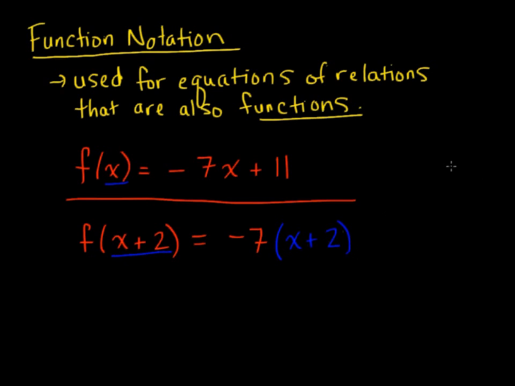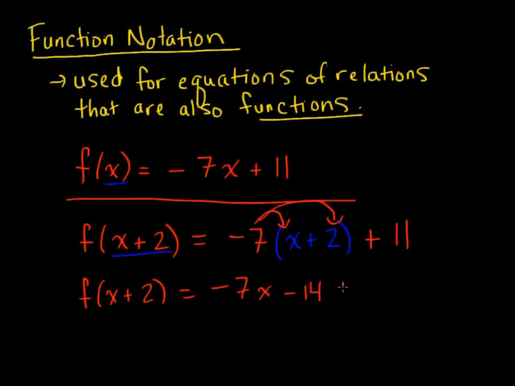Okay, now in this case, we won't be able to get a particular numerical value as an answer, but we will be able to get an algebraic expression for our answer. So we expand this, -7 times x, -7 times 2, and then collect like terms, and we get an expression of -7x, and then -14 plus 11 is -3.